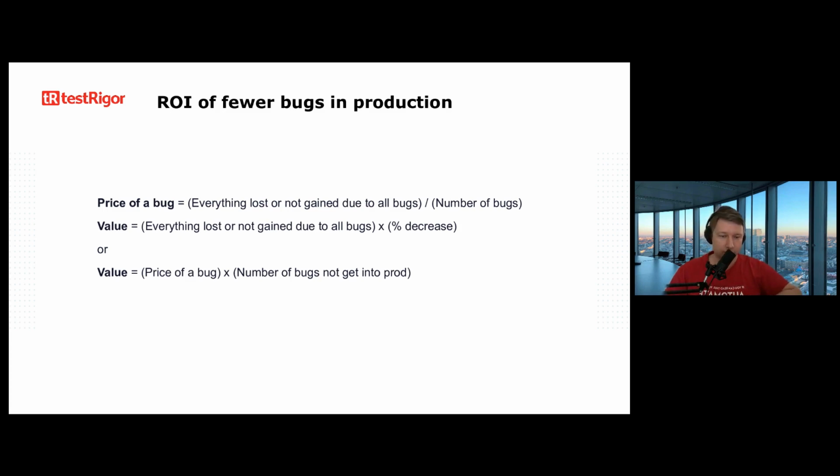One is the total number of bugs which got into production, which you probably have, or if you know exactly which bugs affected which customers, you can use that.